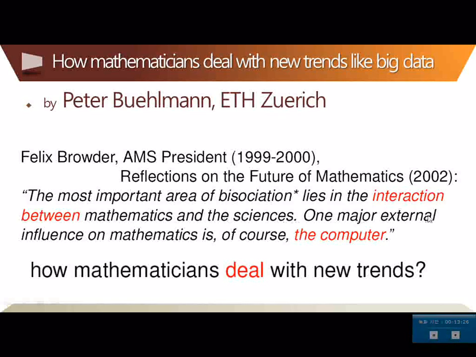One major external influence on mathematics is the computer. So with this statement in mind, we mathematicians try to find a way to deal with the new trends in big data.